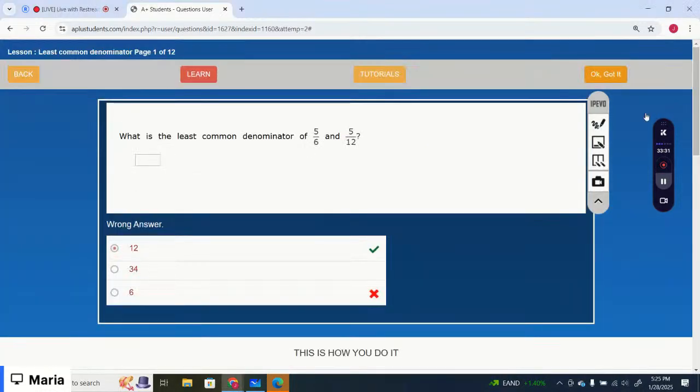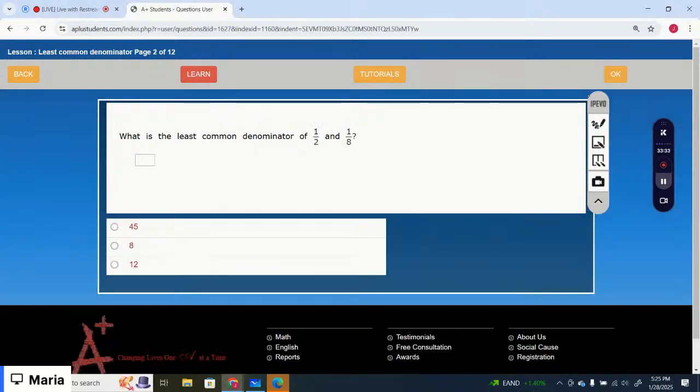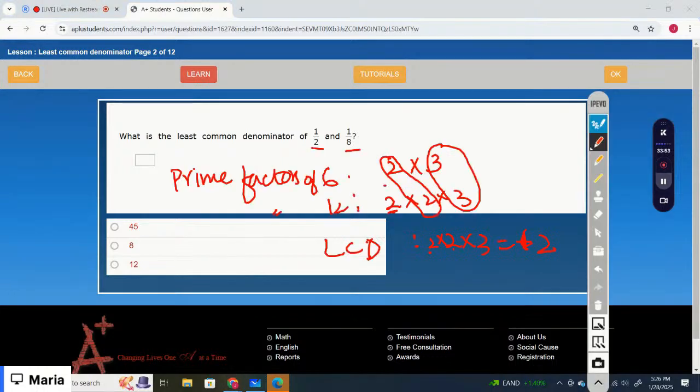Let's move on to the next one. What is the least common denominator of 1 by 2 and 1 by 8?